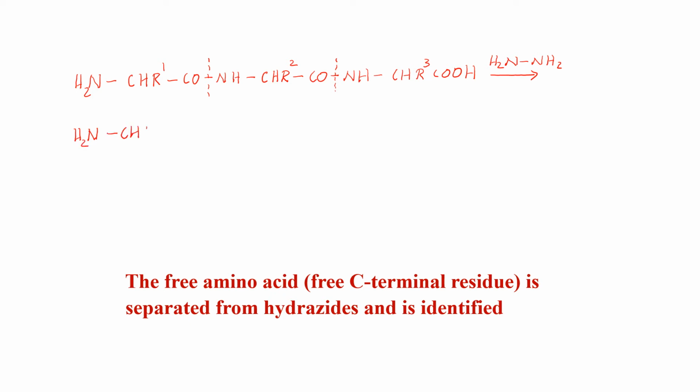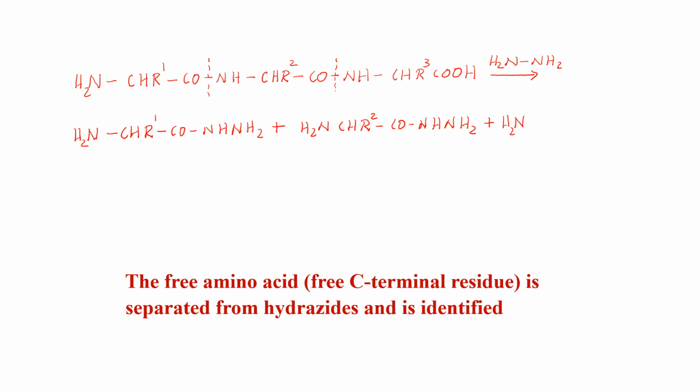NH2 CHR1 CO NH NH2. This is the hydrazide of amino acid 1, plus NH2 CHR2 CO NH NH2, that is the hydrazide of second amino acid, along with the C-terminal amino acid in the free form.